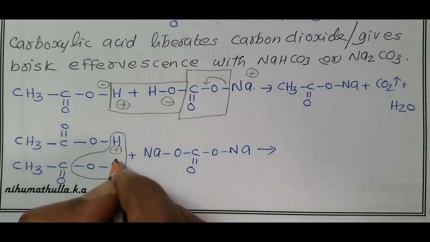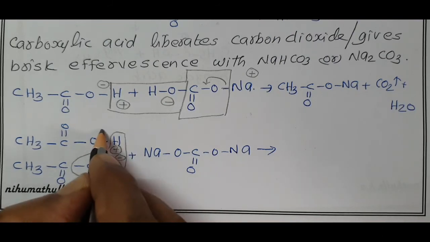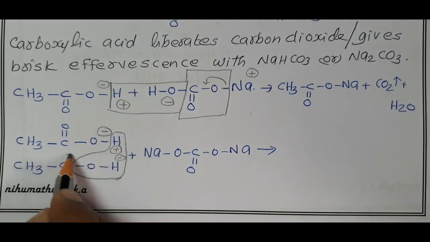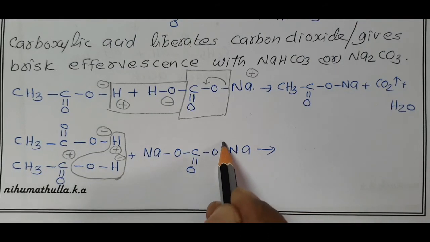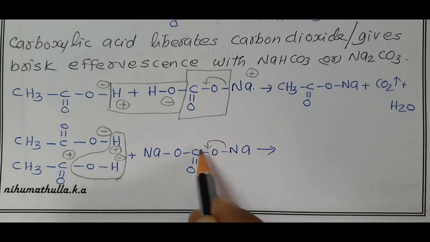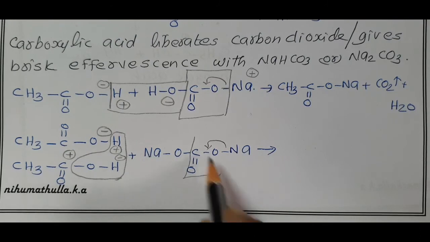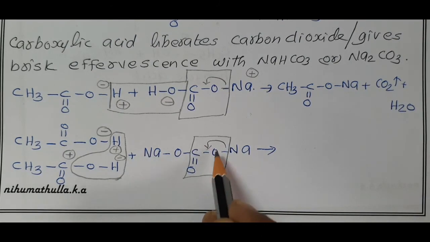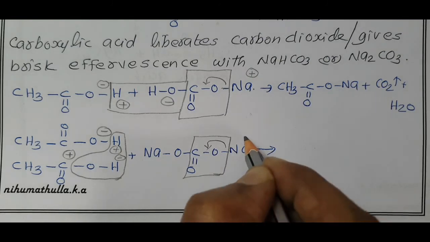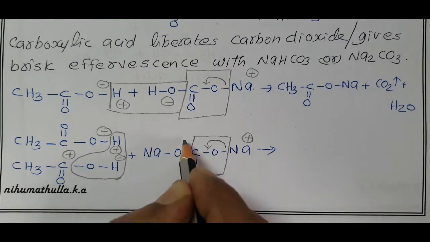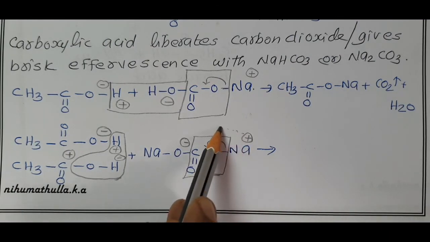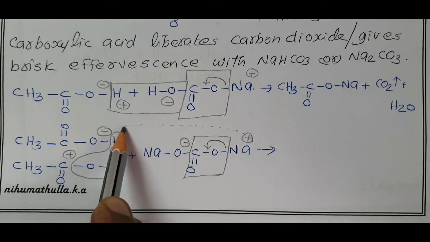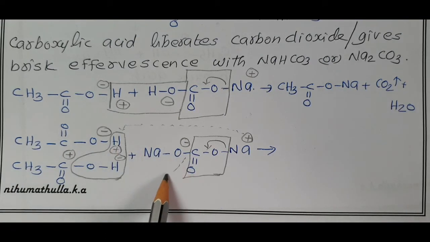H plus OH minus, acetate becomes minus, acetyl becomes plus. A bond between oxygen and sodium is shifted between carbon and oxygen. Here C=O, there C=O, carbon dioxide gas is liberated. This sodium becomes plus, oxygen is minus. Add plus 2 minus and minus 2 plus.